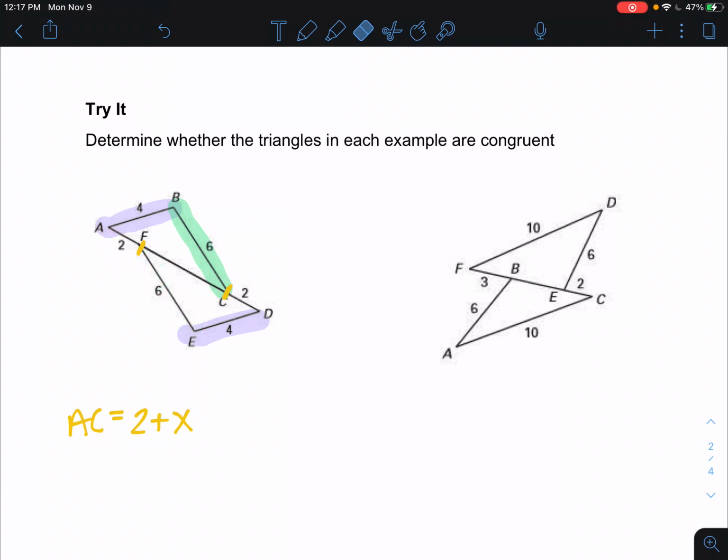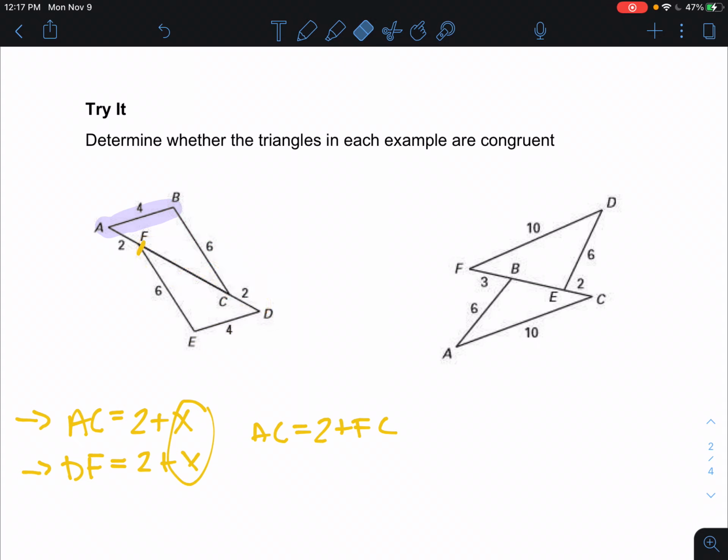All right. Now we know that we're calling FC X, and we can also see that DF is going to be 2 plus X, that little overhang plus X. So since X is going to be the same, it looks like AC and DF are the same length. It's just 2 plus whatever that length of FC is. You also could have just said that AC equals 2 plus FC.